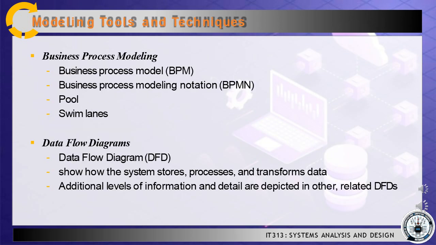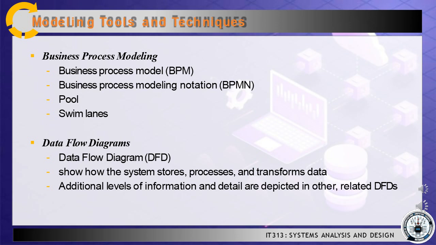A business process model or BPM describes one or more business processes such as handling an airline reservation, filling a product order, or updating a customer account. During requirements modeling, analysts often create models that use a standard language called Business Process Modeling Notation or BPMN.